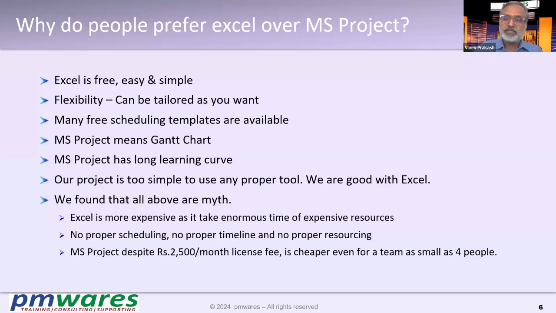Excel is more expensive even for a small team of 4 people. So if you are talking about a 10 people team, a 20 people team, or an organization of 50 people, 100 people, we can see the kind of money we may be wasting by using Excel.